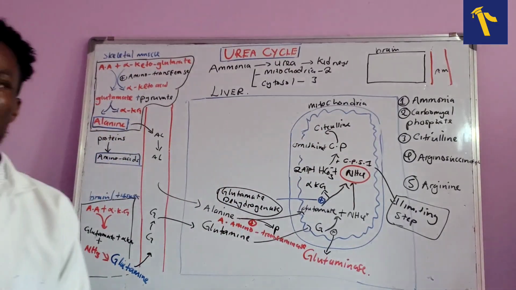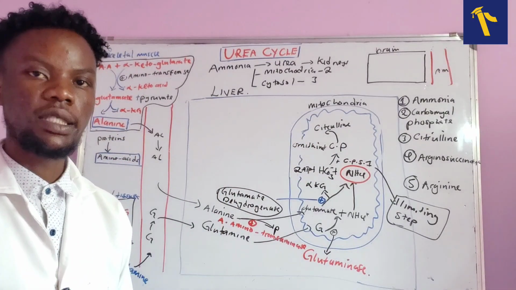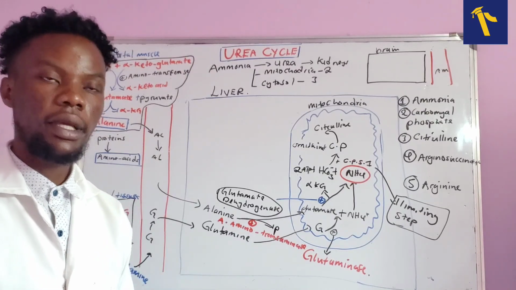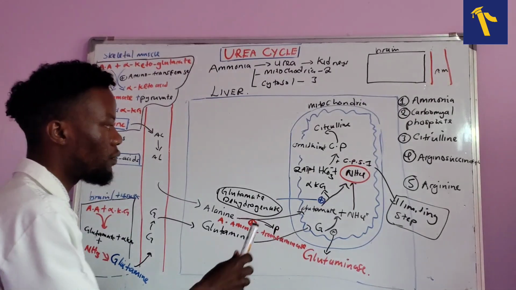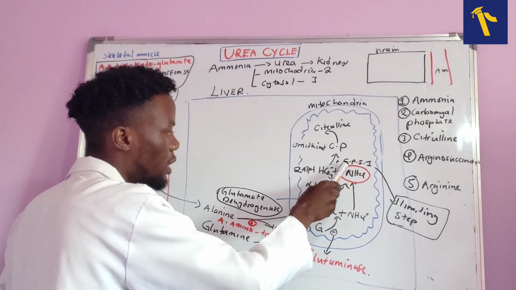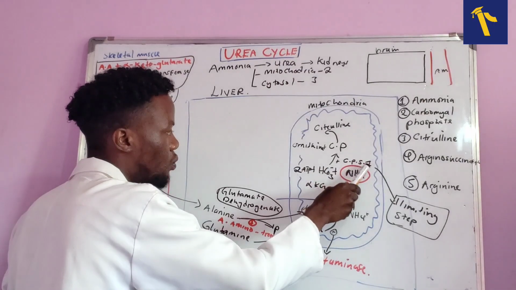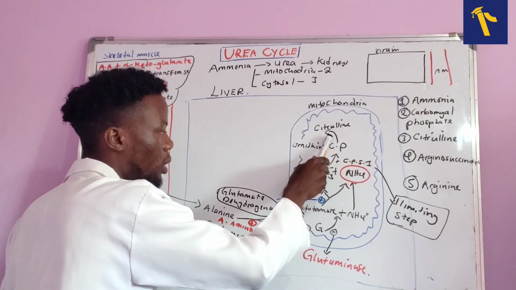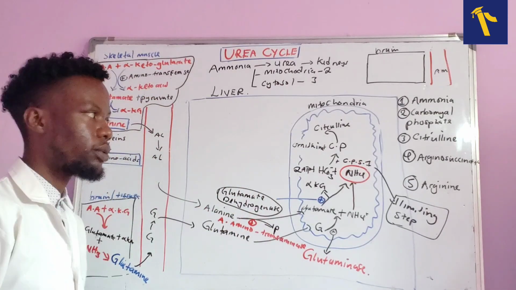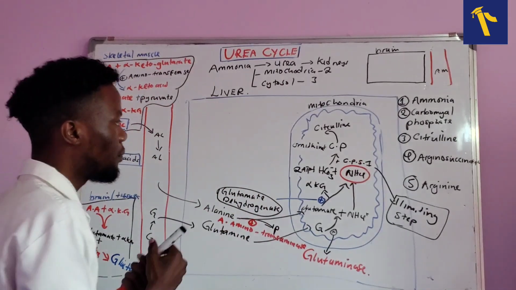Again, this is going to require a certain enzyme, so make sure that you take note of the enzymes. The first and most important one we've talked about is CPS1, carbamoyl phosphate synthetase 1. Then the second one will happen within the mitochondria. What is that enzyme?